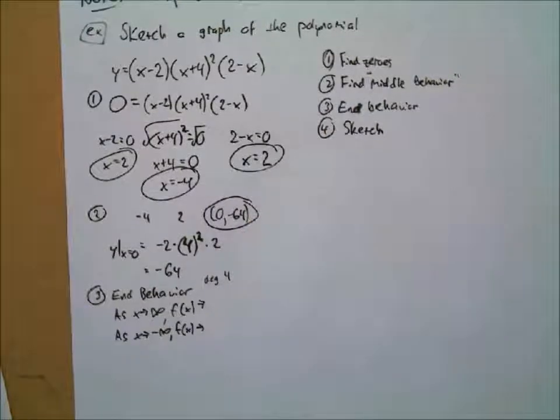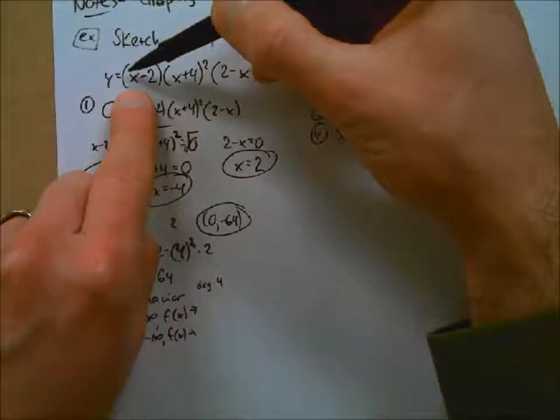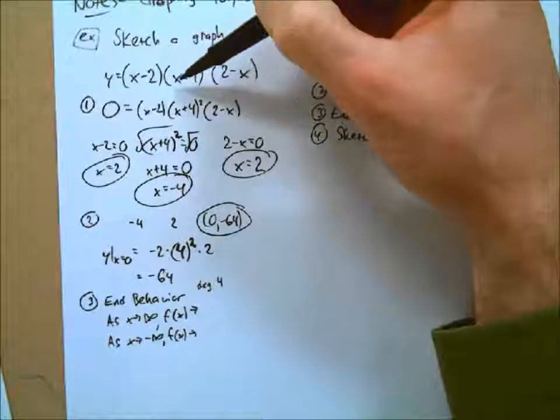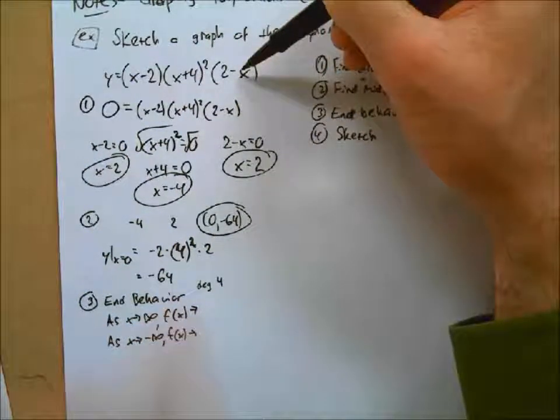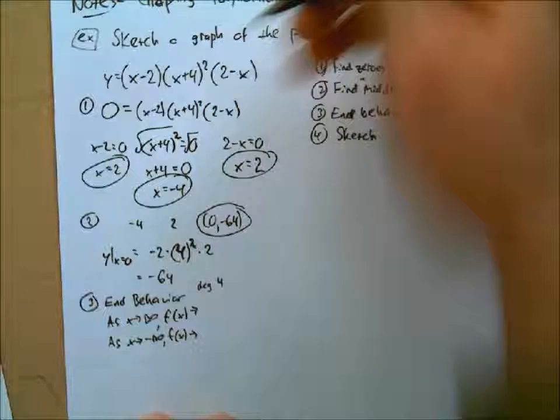What is the lead coefficient going to be? Positive or negative here? Yeah, so let's see here. So we have a positive 1. The 1 here in front of the x is going to be squared, so it will also be a positive 1. And then what's the coefficient here? Negative 1. So it's a positive times a negative lead coefficient. Okay.